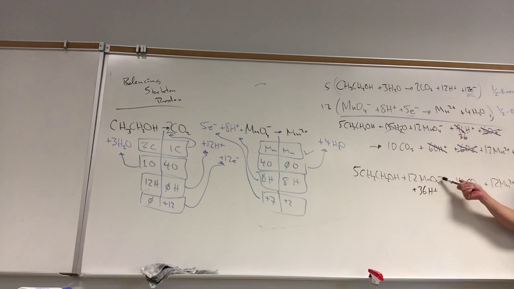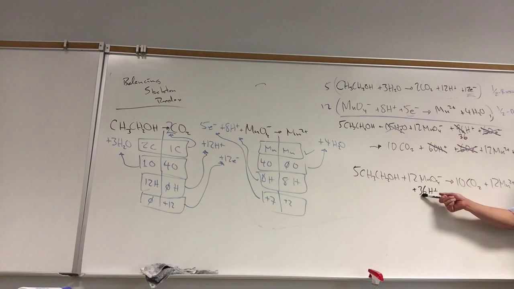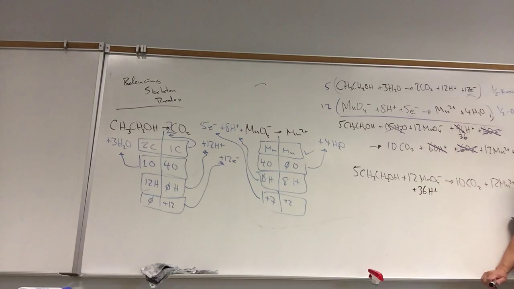What's the charge on permanganate? -1. So 12 times -1 is -12. The charge on hydrogen, +1 times 36 is +36. So -12 plus 36 gives us +24. Over here, this is 0, so 10 times 0 is 0. This is +2. 12 times +2 is 24. And this is 0, 33 times 0 is 0. So +24, +24, the charges are balanced.